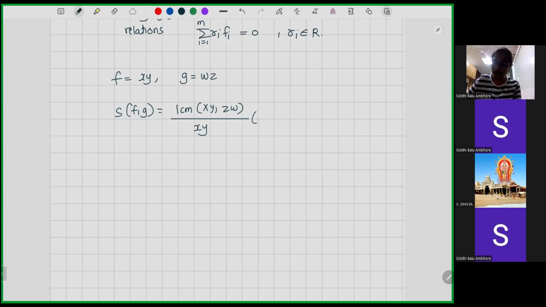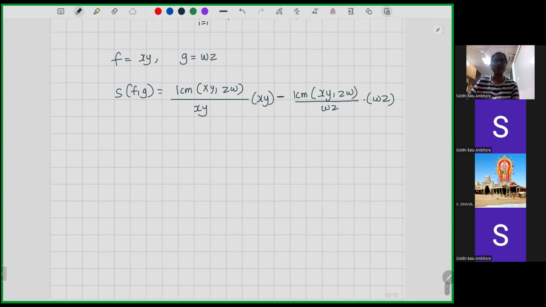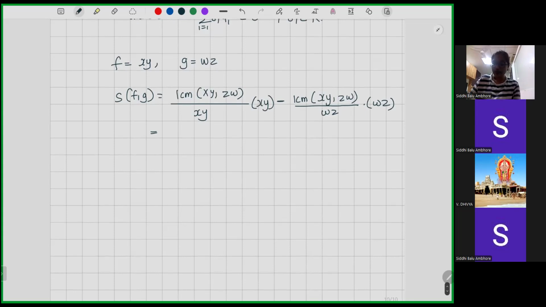So times F, which is XY, minus LCM of XY, comma ZW divided by WZ, times G, which is WZ. The LCM is XYZW, so it is XYZW divided by XY times XY, minus XYZW divided by WZ times WZ.